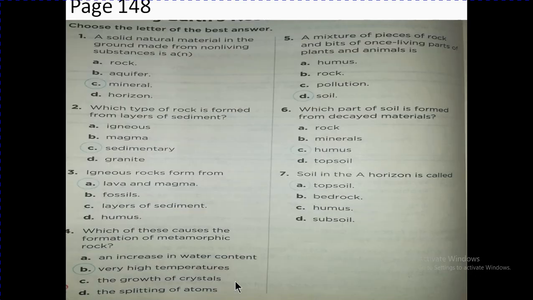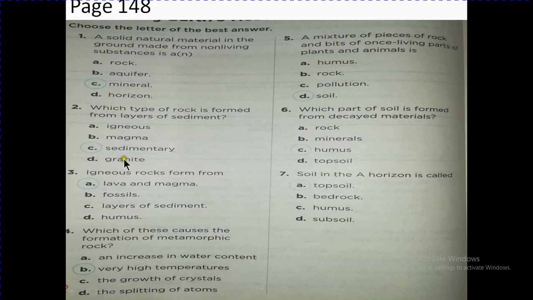Then we go to the next page, page number 148. Circle or choose the best letter from the multiple choice questions. In number 1, the best option is C, mineral. Then number 2, the correct one is sedimentary.